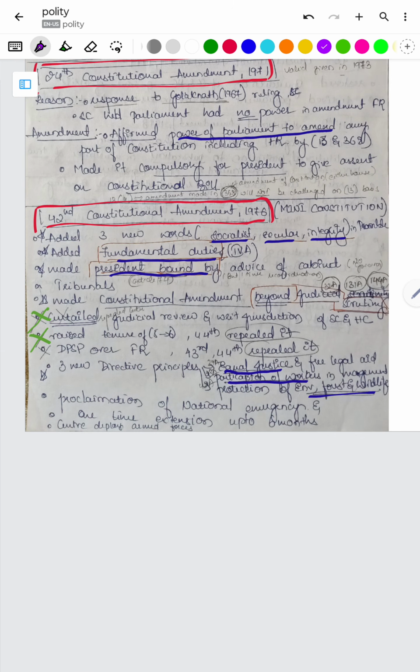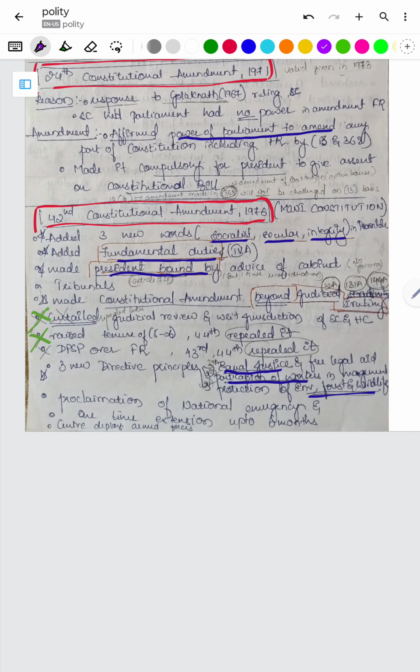Let me verify with Google. Is constitutional amendment beyond judicial scrutiny? What was its status from 1976 to now? No, a constitutional amendment in India isn't beyond court review. Parliament can pass amendments, but the courts can examine them and overturn them if they violate the constitution's basic structure.